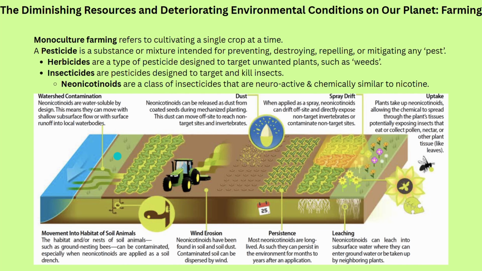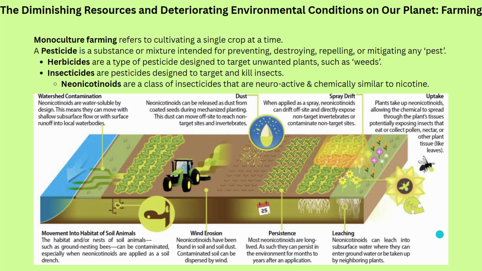Also, when these chemicals are in the soils, they have a chance to target non-target habitats and creatures such as ground nesting bees, to be contaminated and killed, and these bees and any non-target pollinators are crucial to the system at large. So it's important to think of how we can improve this system and rely less on chemical pesticides.